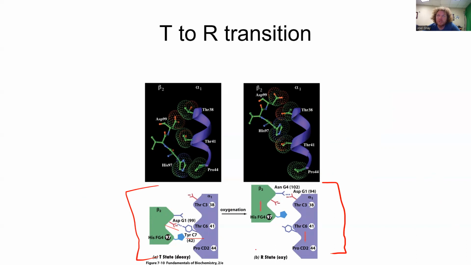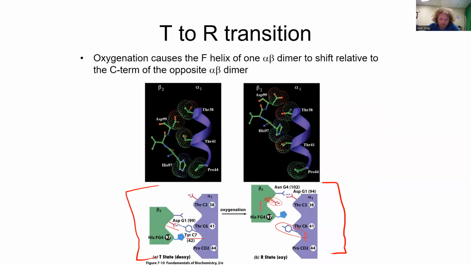As soon as we transition from that T state to the R state, that aspartate residue is here now, and here's where the tyrosine that it previously interacted with is. These are minor movements, but they cause disruption of different types of interaction. So oxygenation causes the F helix of one of those alpha beta dimers to shift relative to the C termini of the opposite alpha beta dimer.